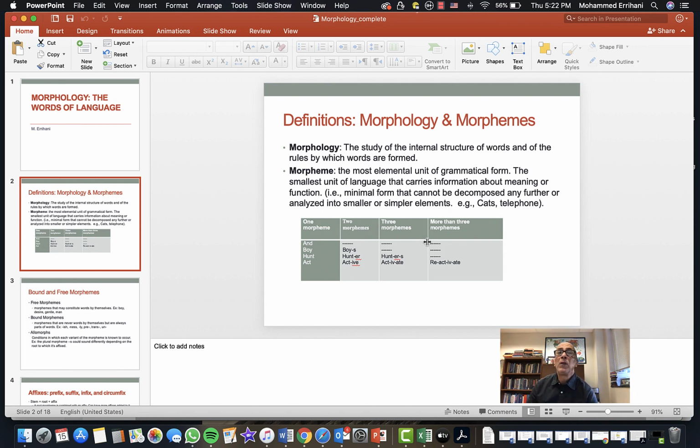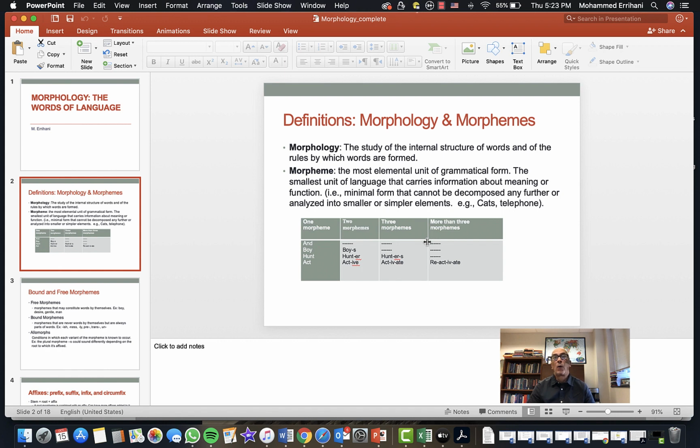Now, there are words that consist of two morphemes. So you have boy, boys. So S becomes another morpheme, and the reason why we call it a morpheme is because it has meaning, and the meaning that it conveys is the plural. So when you see S attached to a noun, it probably means that it's a plural.